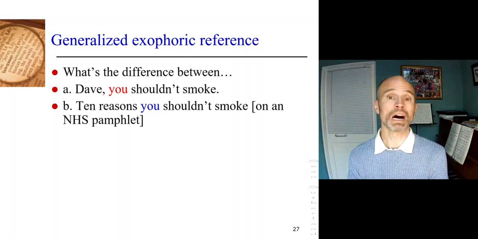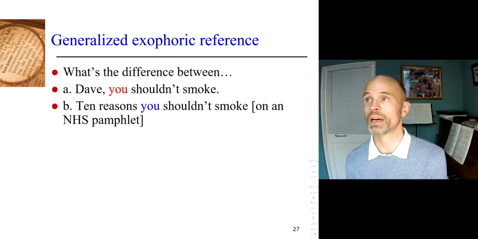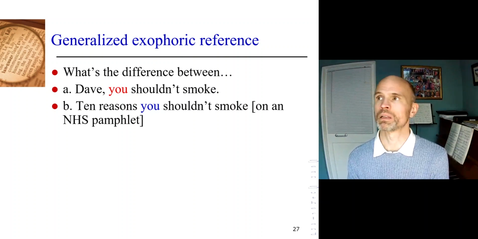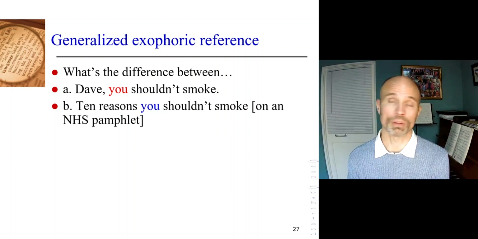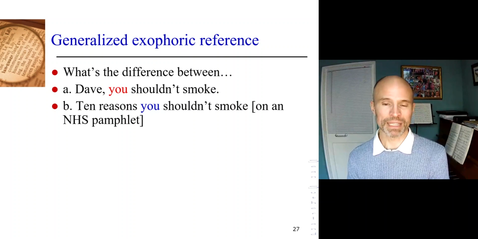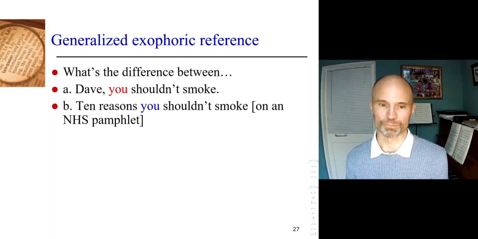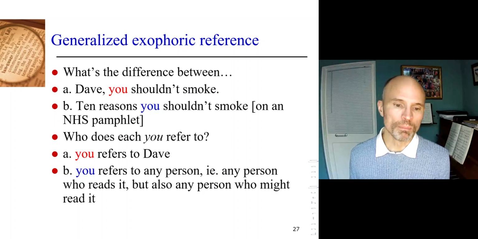Sometimes we use the word "one" in that case. 10 reasons one shouldn't smoke. That often sounds a bit formal, overly formal. It's especially less common in North America than it is in Britain to use "one" in that way, but that's what you're doing, right? Red "you" refers to Dave specifically.